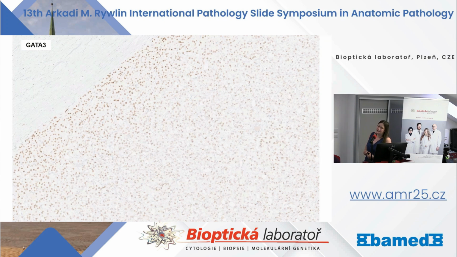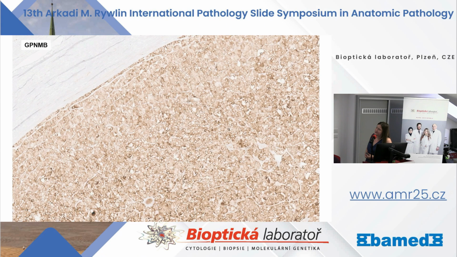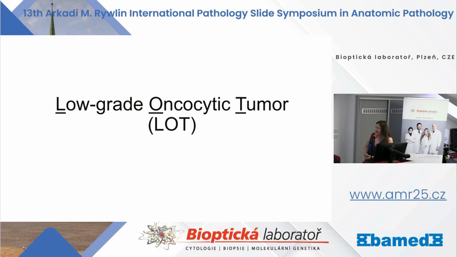I think GATA3 is a very good marker. However, it has relatively low specificity for this tumor. The sensitivity is fine, but the specificity is low. And from newer markers, you can use GPNMB, which is typically positive in these cases. So the diagnosis is low-grade oncocytic tumor, abbreviation LOT.